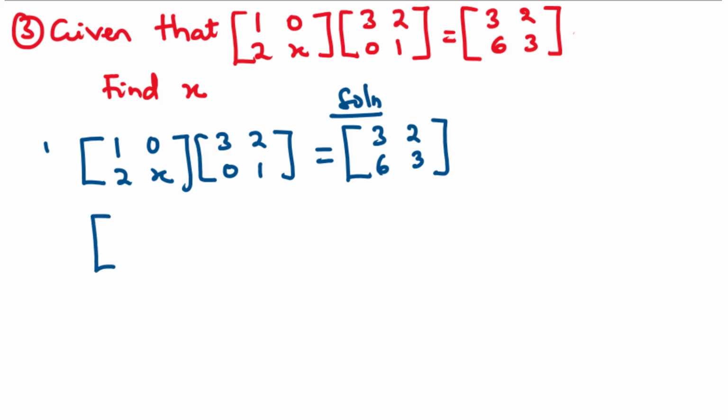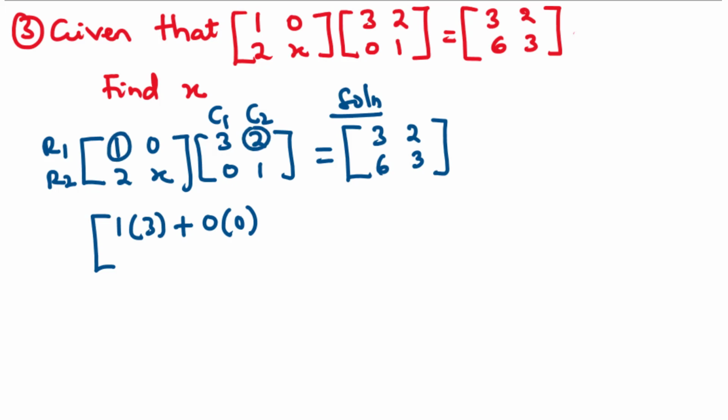So we are going to multiply row 1 of the first matrix by column 1 and column 2 of the second matrix. Then we come to row 2 of the first matrix times column 1 and column 2 of the second matrix. So that's going to be 1 times 3 plus 0 times 0, and 1 times 2 plus 0 times 1.